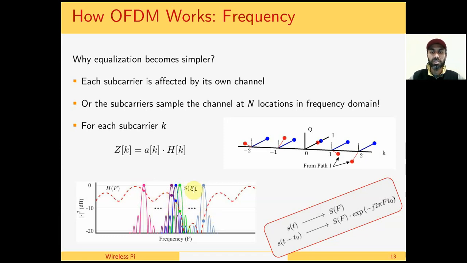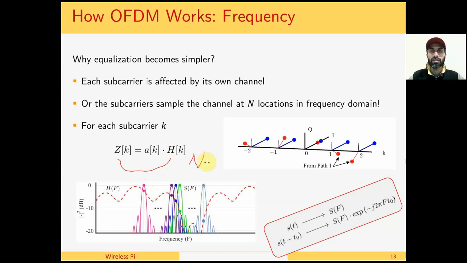And for each of these subcarriers, we can write Z equals data symbol multiplied by the channel value. From here, we can see that the equalization becomes simpler because each A_k can be written as Z over H. Now, if there are n subcarriers, we have an equalizer that consists of n dividers, and that's it.